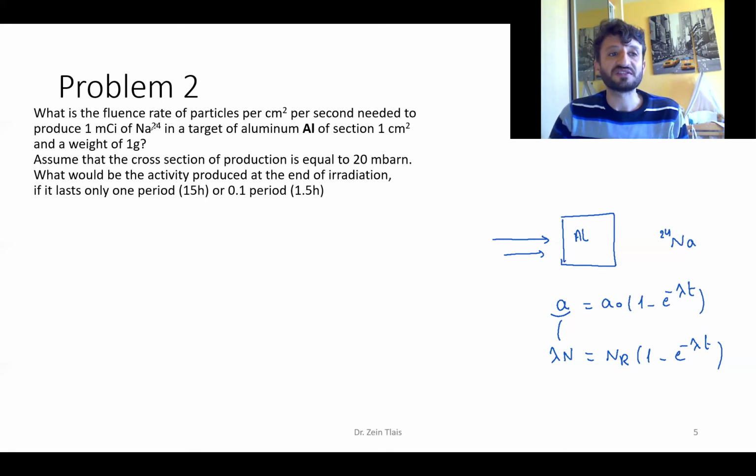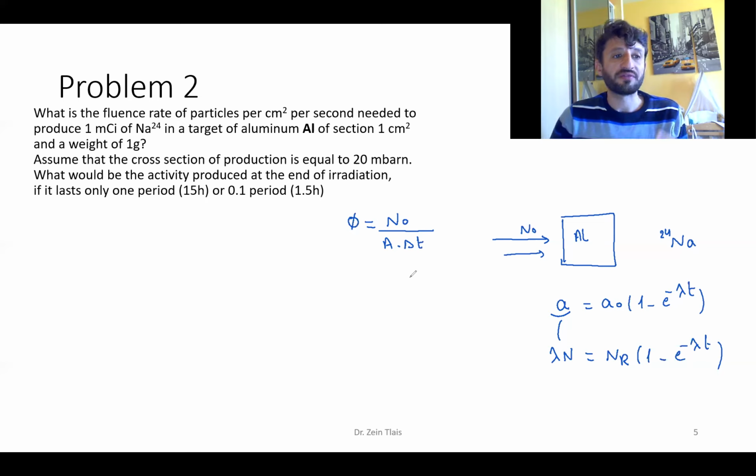What is the fluence rate? When I say fluence rate per centimeter square per second, I mean the flux. I want to find the flux, which is equal to the number of incident particles N0 divided by A and time. Okay.